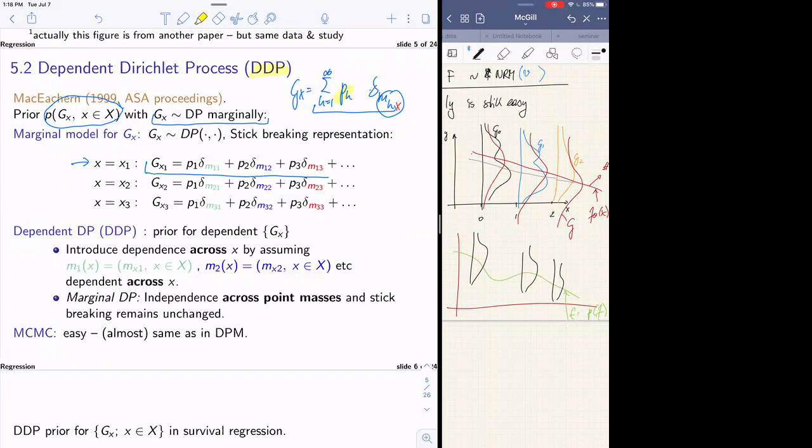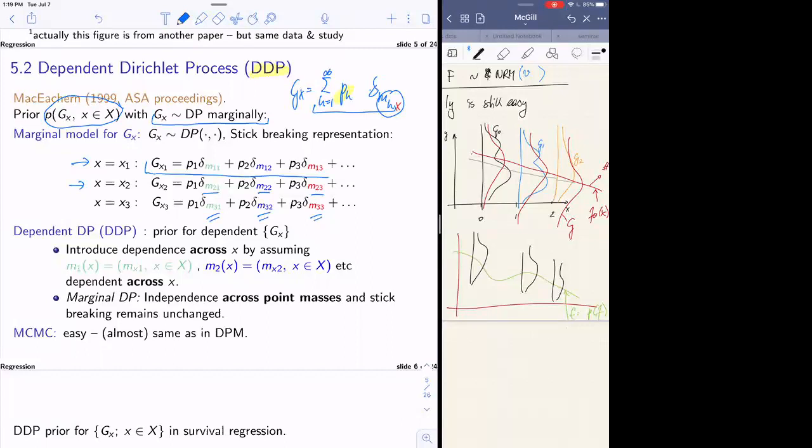And then we continue, and we do exactly the same thing for x equal x2. And again, those locations have to be independent. So we need independence across the line here, yeah? Because by the stick-breaking construction, the locations of the point masses have to be independent. Same thing for x3. And again, the locations have to be independent in the line.